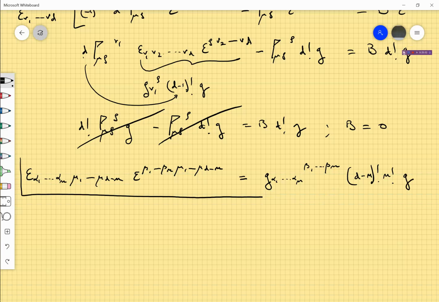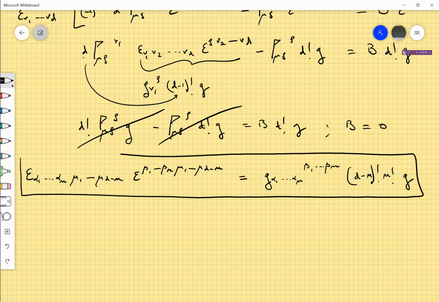Now let me define what this g is. Okay, and g alpha 1 alpha n beta 1 beta n is the antisymmetrized product of these matrices. These are deltas, remember, written in some funny way, but it would be the same as writing delta. Okay, this is n.